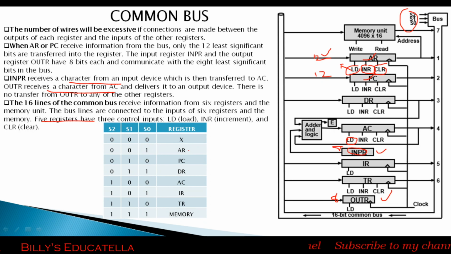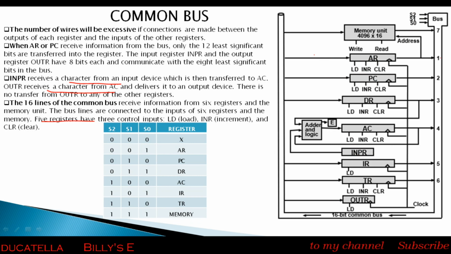When the value is 1, the address register is called. When the value is 2, the program counter is called. This is represented very clearly in this pin diagram. When the selection line is 1, the address register gets selected and its output is transferred to the bus. In this way, the remaining registers also send their outputs to the common bus system.